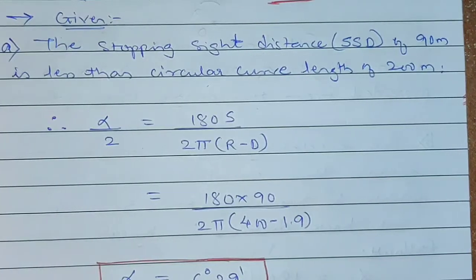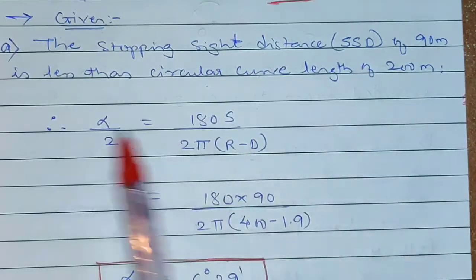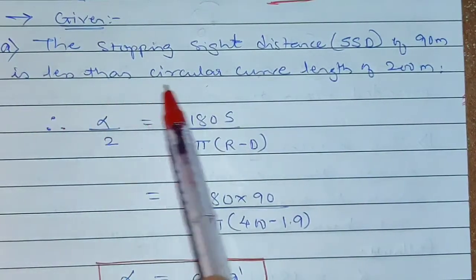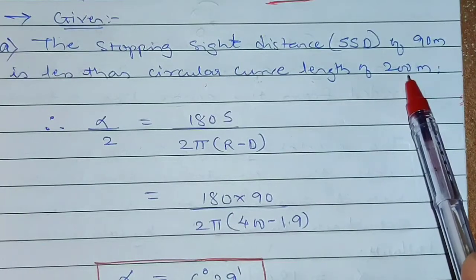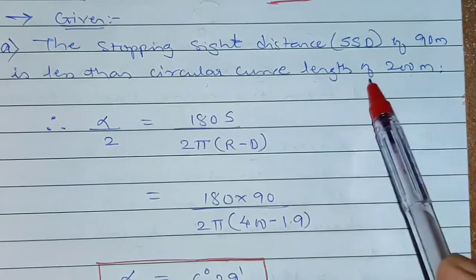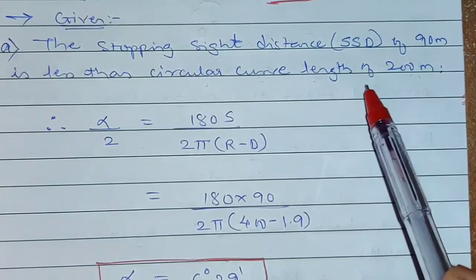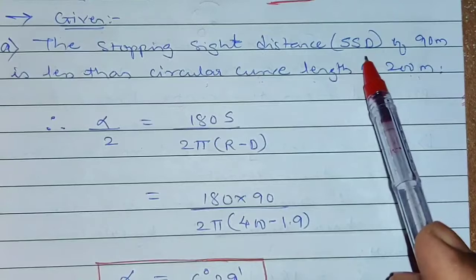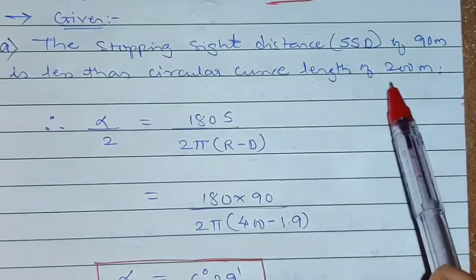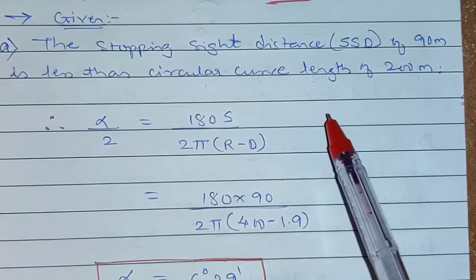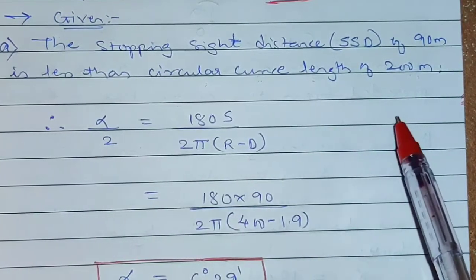So we'll see the first condition: the stopping sight distance SSD of 90 meters is less than the circular curve length of 200 meters. The length of the curve which was given to us was 200 meters. So as the stopping sight distance of 90 meters is less than the circular curve, SSD is less than Ls.